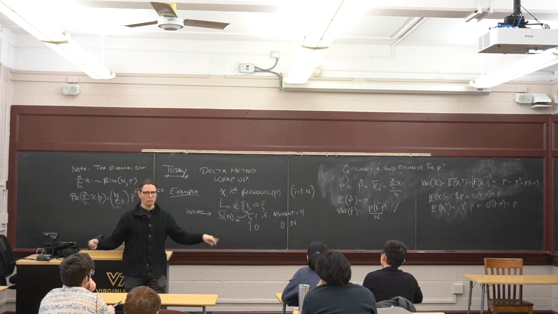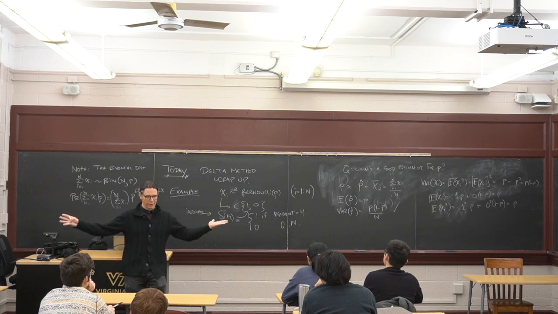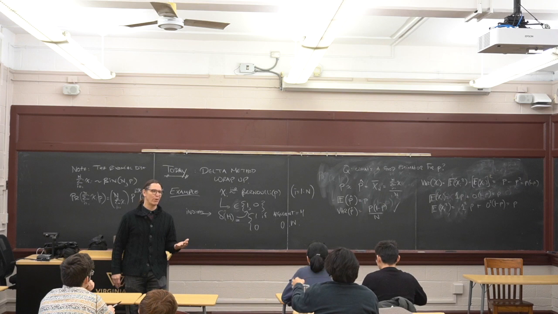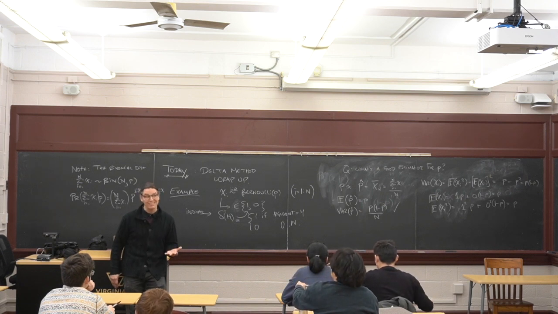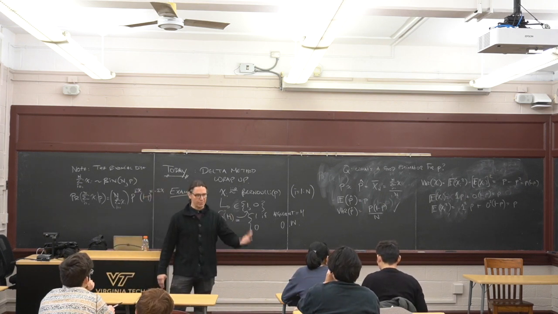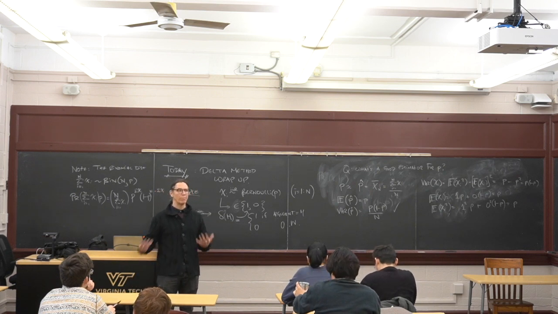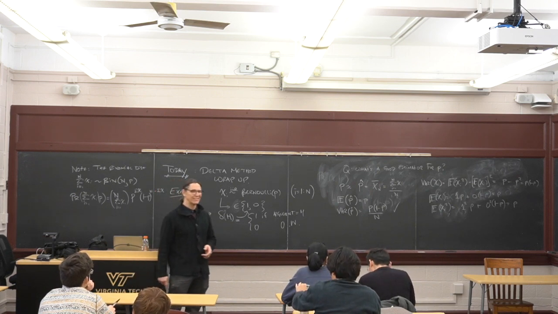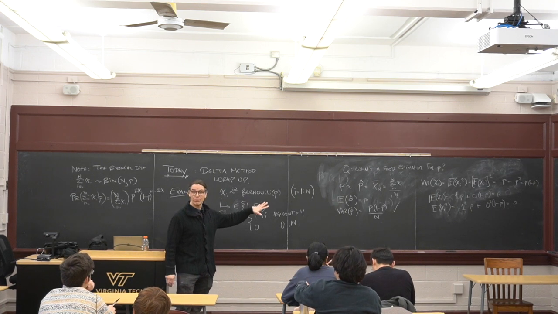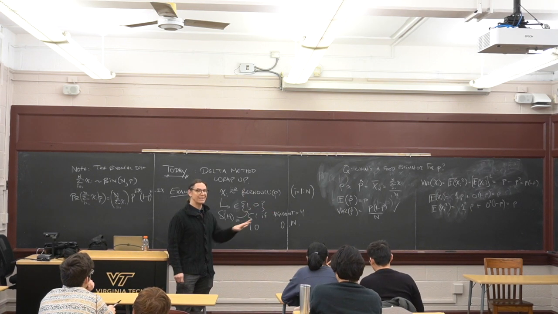Normal distributions go between negative infinity and infinity. P is constrained between 0 and 1, so you could come up with some probabilistic inferences that don't make any sense. And so that's the problem with just applying an asymptotic argument directly when n is not big enough. It doesn't necessarily adhere to the bounds of the problem. So that's not baked into everything.